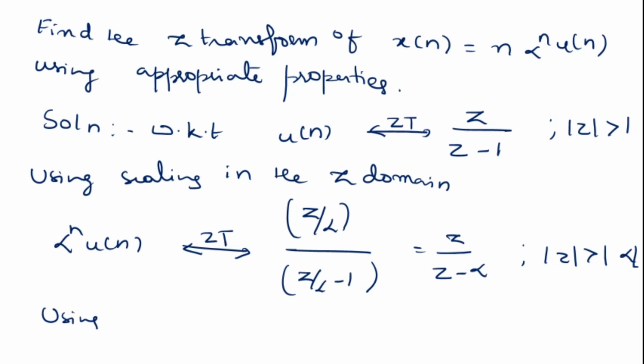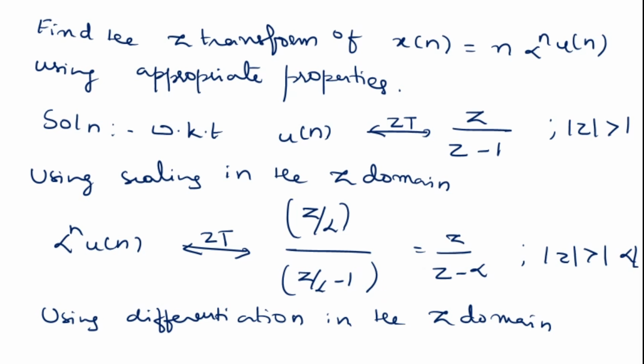And using differentiation in the z domain, we get n into alpha to the power n into u of n.